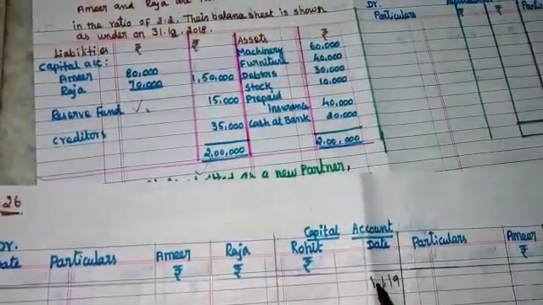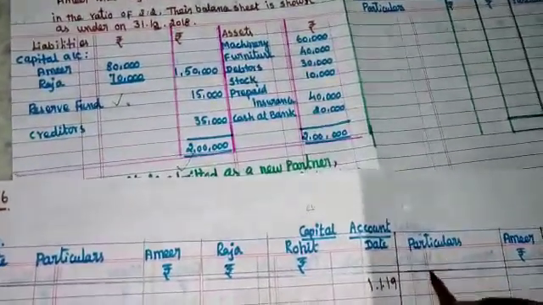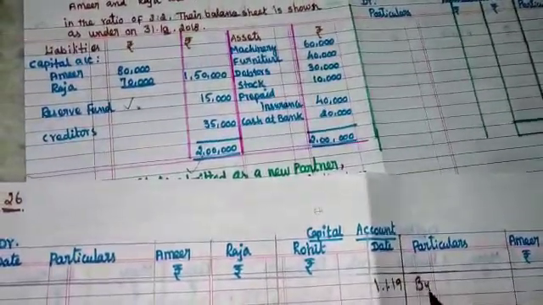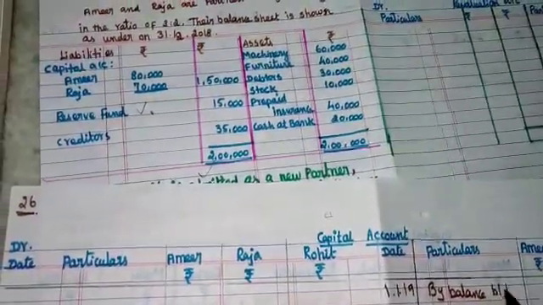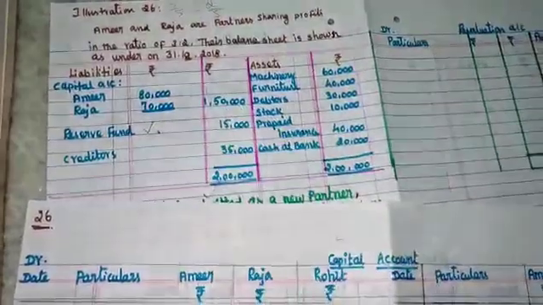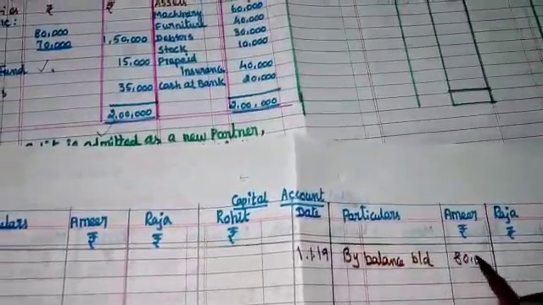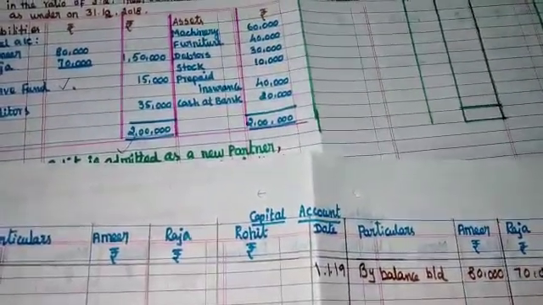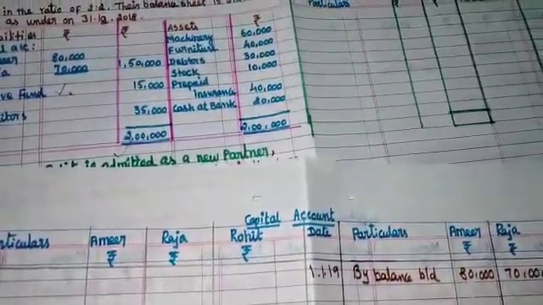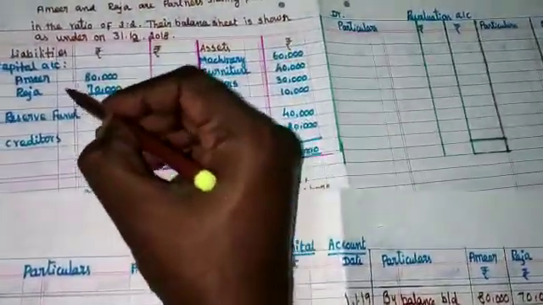By balance b/d. What is Amir's capital amount? 80,000. And Raja 70,000. For Rohit nil, because he is a new partner. Now the opening balance is entered.